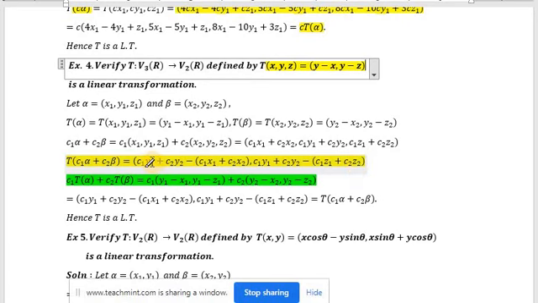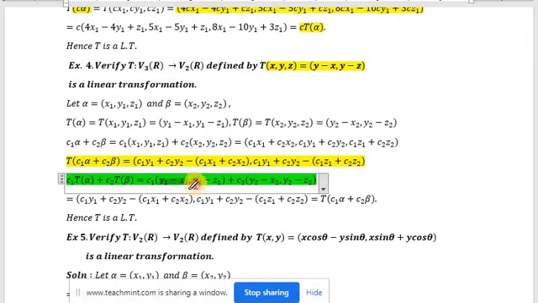In this one, if you take C1 outside and group the elements together with the C1 into y1 minus x1, see these two terms, C1 minus x1. Then C2 also we take out. C1 of T alpha plus C2 of T beta, that is nothing but, see, C1 of y1 minus x1, comma y1 minus z1, plus C2 of y2 minus x2, comma y2 minus z2.